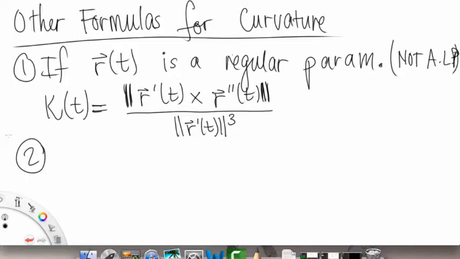And another formula for curvature is for when you're given an x, f of x form.